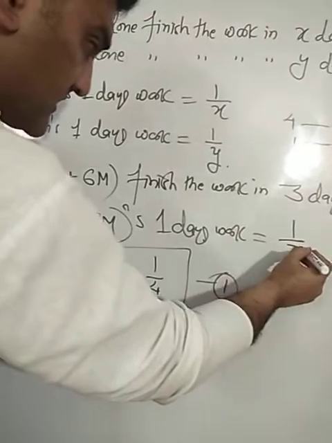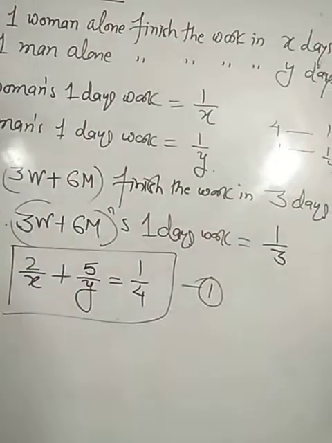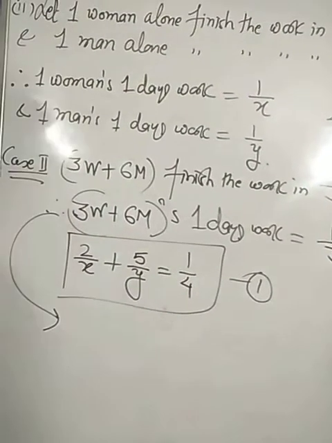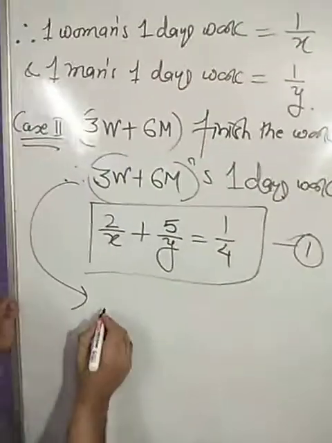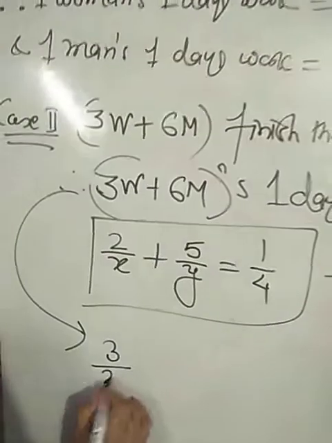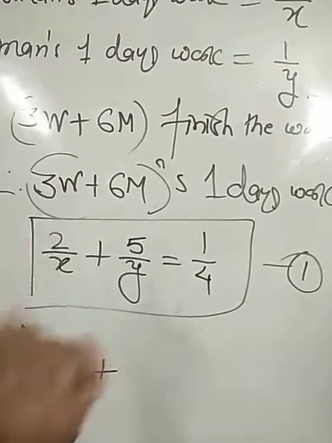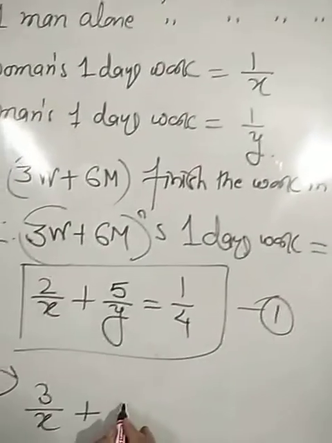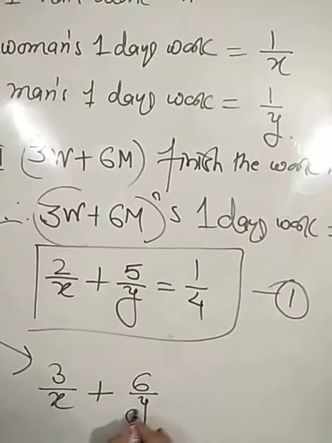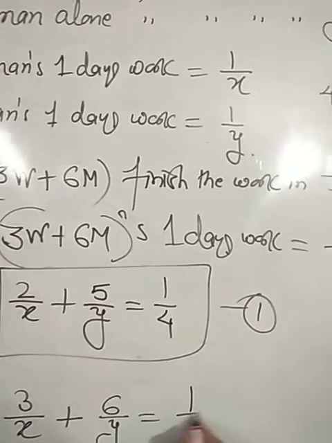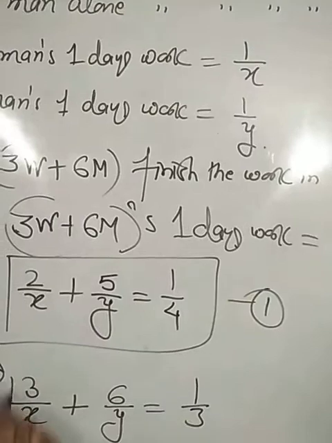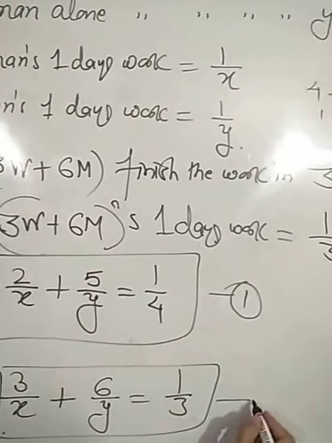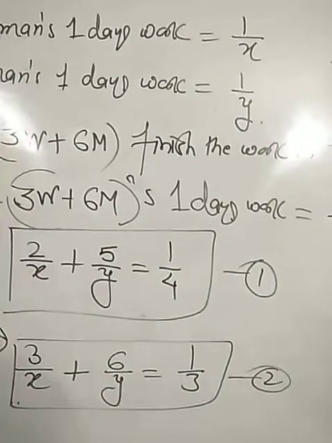Then 1 day's work is 1 over 3. So I'm writing here now. This was the first equation. One woman's 1 day's work 1 over X, into 3, that is 3 over X. One man's 1 day's work 1 over Y, into 6, 6 over Y equals 1 over 3. This is the second case, and we get the second equation from this.